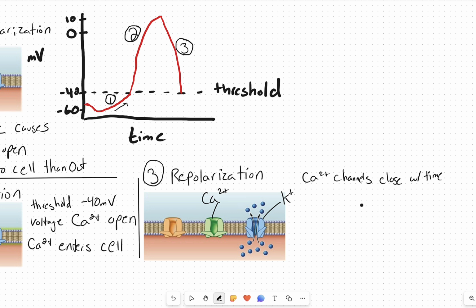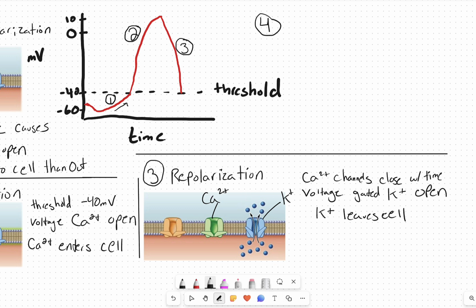The potassium channels are going to open, and those allow potassium to leave the cell. And because potassium is positive, if something positive is leaving the cell, that means that the inside of the cell is going to become less positive or more negative. So the potassium leaving causes the inside of the cell to become more negative, and that's going to allow it to drop back down towards that threshold value.